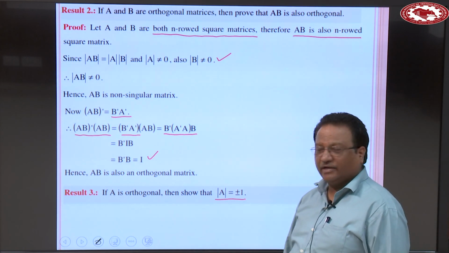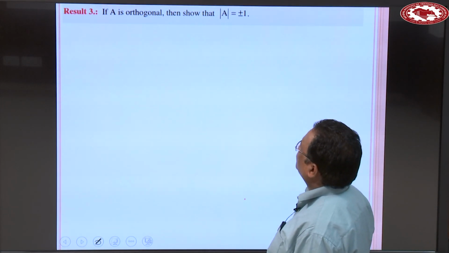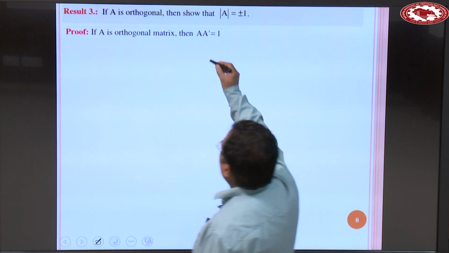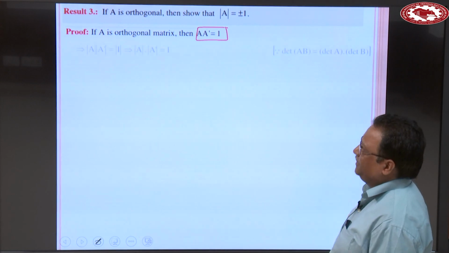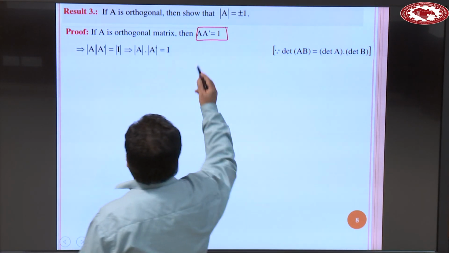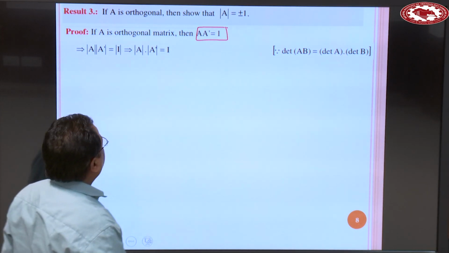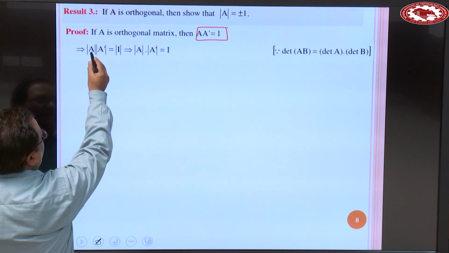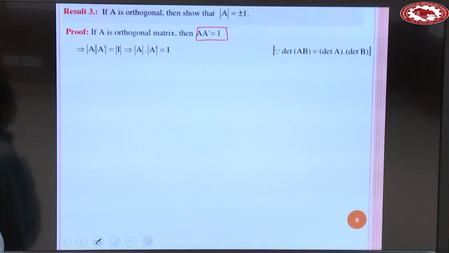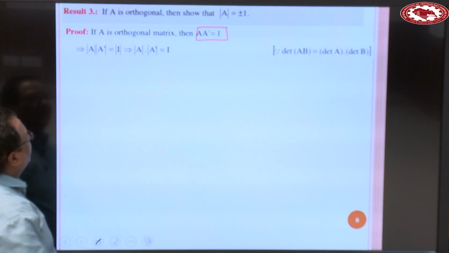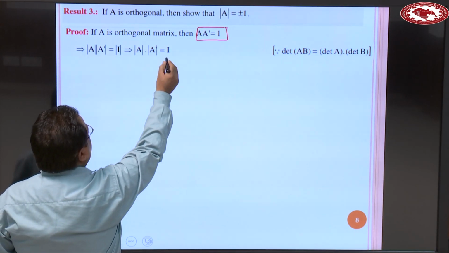Since A is orthogonal, by definition A'A is equal to I. Now, taking determinant, we know determinant AB is equal to determinant A into determinant B. So, determinant A' times determinant A is equal to determinant I, if you take determinant on both sides.